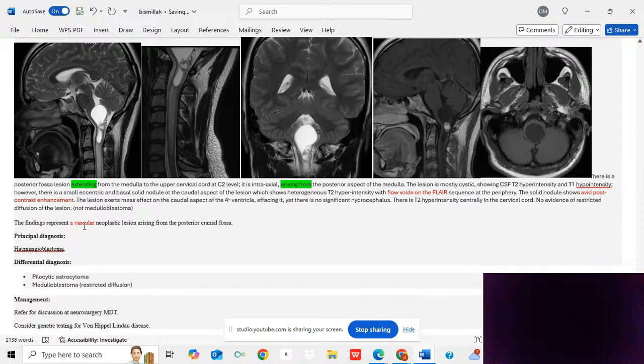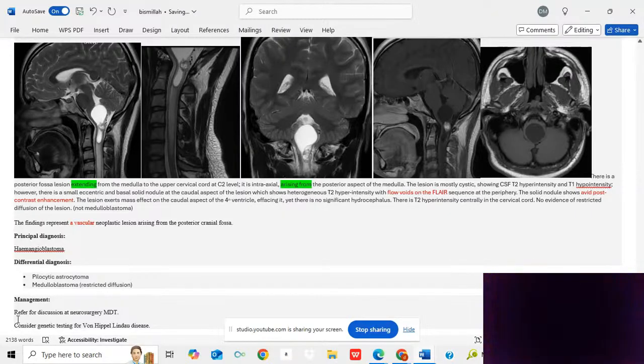The management here: when you refer the patient, you need to think first how this lesion will possibly be treated. I think it will be surgically resected by a neurosurgeon. So the patient needs to be referred for discussion at neurosurgery MDT.